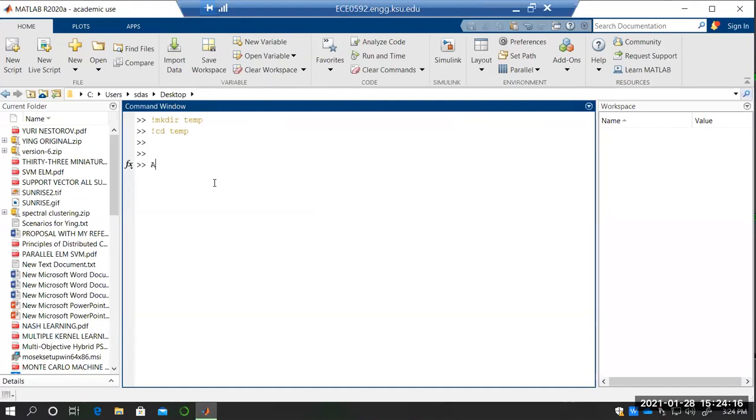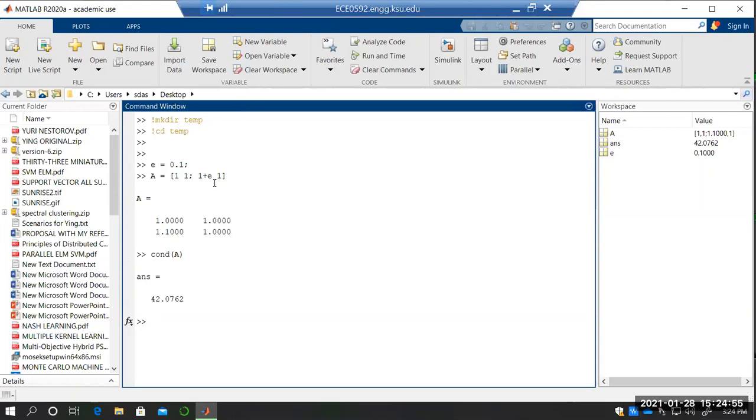Okay, let's say epsilon equals 0.1, and then A equals [1, 1; 1, 1 plus epsilon]. What's the condition number of A? 42. 42.